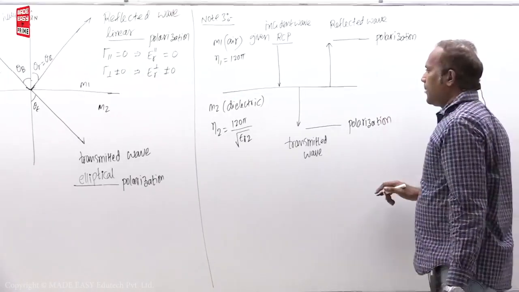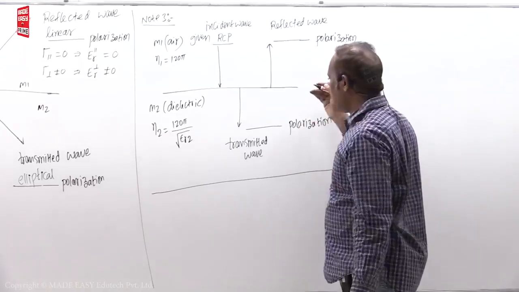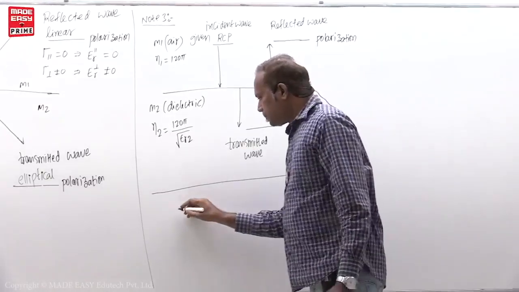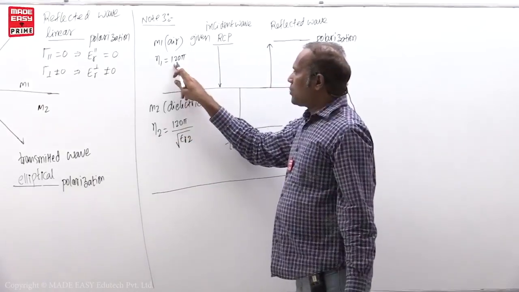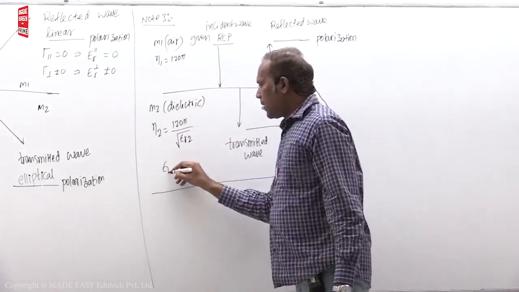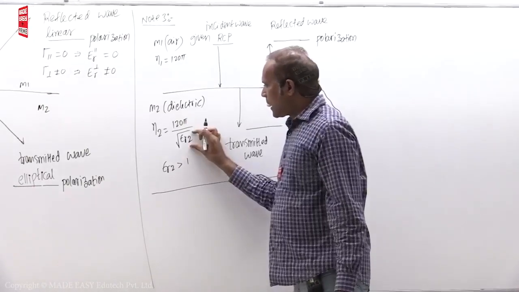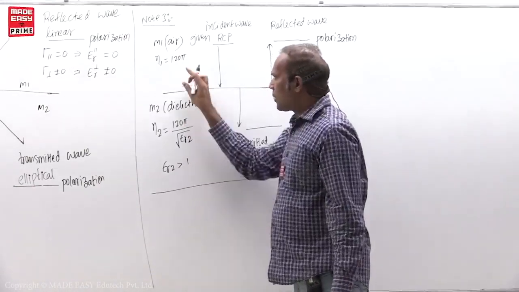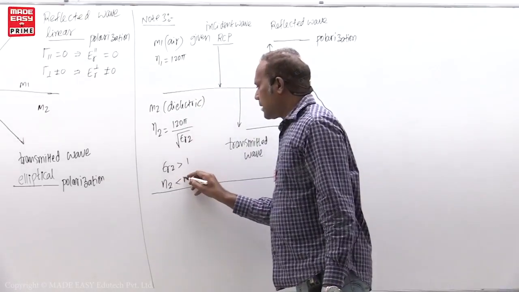Now I am writing the answer here. Explanation: here if you see, eta 1 is 120 pi and epsilon r2 is greater than 1. So the denominator is greater than 1, and overall this is less than 120 pi. So ultimately eta 2 is less than eta 1.